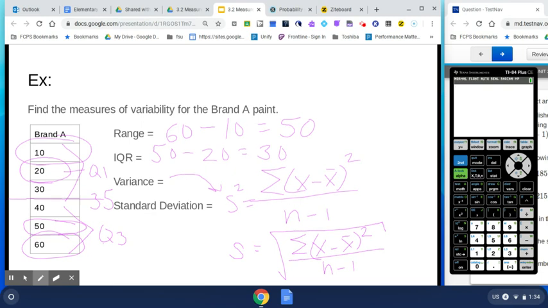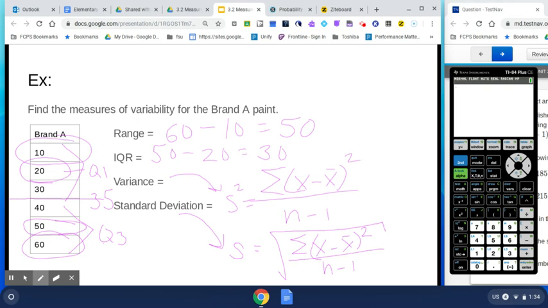The square root of all that is going to give us the standard deviation, which is S. S squared is, again, the variance. So in regular terms, the standard deviation is the average distance the values are to the mean, and the variance is that average distance squared.